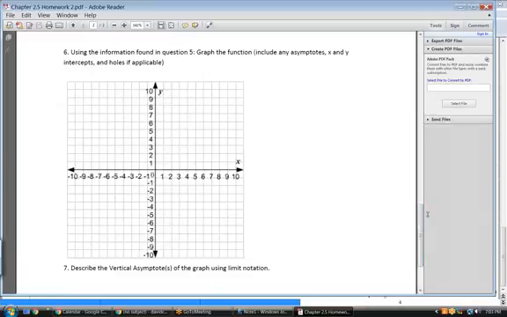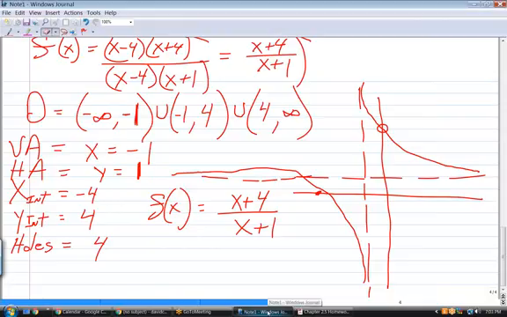Okay, describe the vertical asymptotes using limit notation. Well, in both of these next two questions, we're always using the limit of f of x.